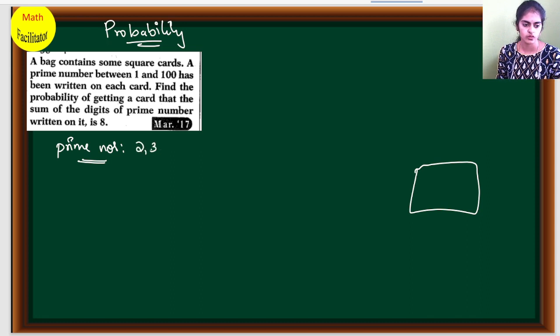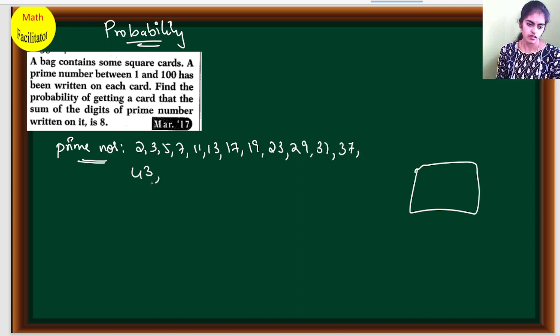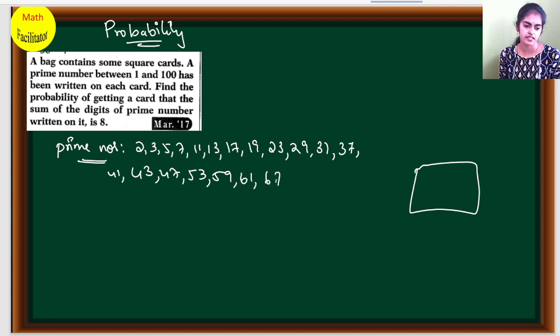సో 2 3 5 7 11, 23 29 31 37, 41 43 47 53 59 61 67, 71 73, 79 83 89 97.